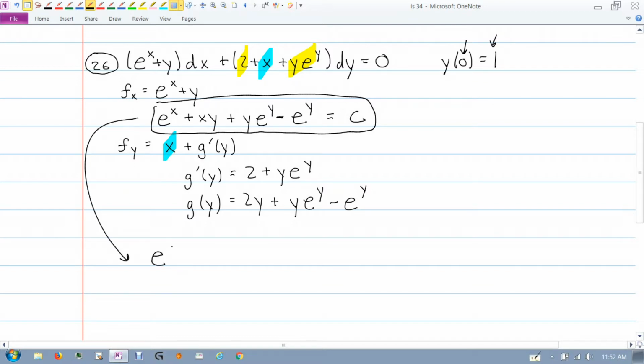So we get e to the 0 plus 0 times 1, which is going to be 0, plus 1 times e to the 1 minus e to the 1 equals 0. Equals c. And so up here in front, that's a 1 plus 0, who cares? And we have plus e minus e. And that means that c should just be, what am I missing here?